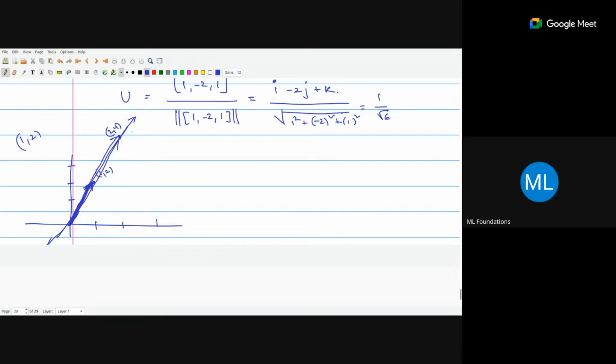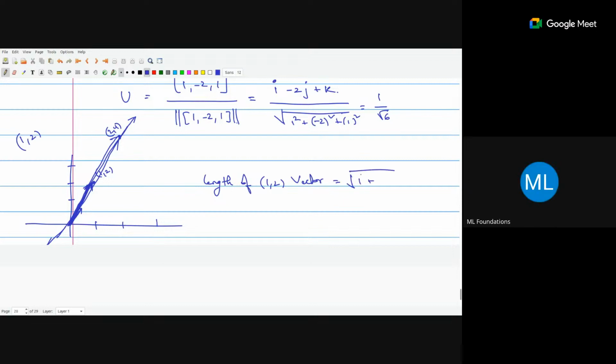And when I say a unit vector along this direction, what I am saying is I draw a vector in this direction and the length of that vector is 1. So what is the length of the vector 1 comma 2? Root 5.